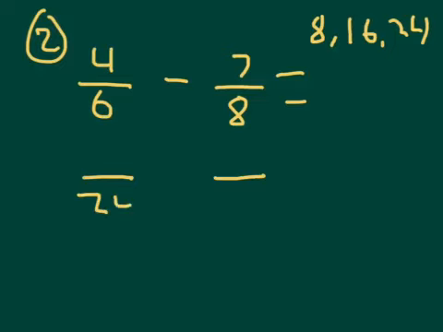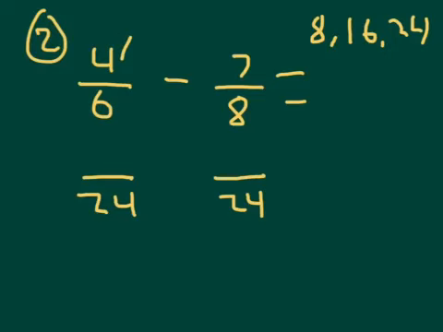So 24 and 24. Then you have to figure out what the two top numbers are going to be. In this case, since your common denominator is different from both denominators you started with, both of these top numbers are going to change. How many times can 6 go into 24? 6, 12, 18, 24, 4 times.